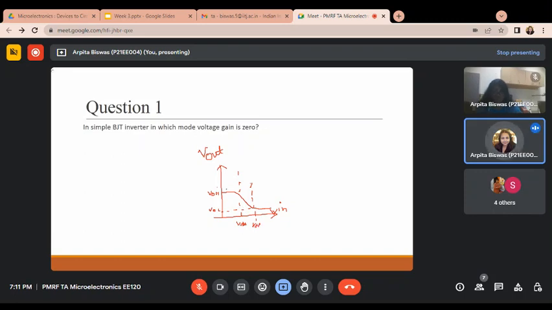So up to this, I think all of you know the VTC curve, V input versus V output curve.